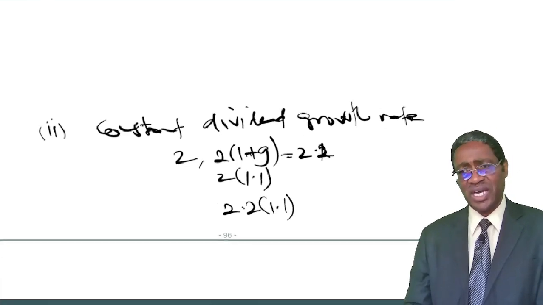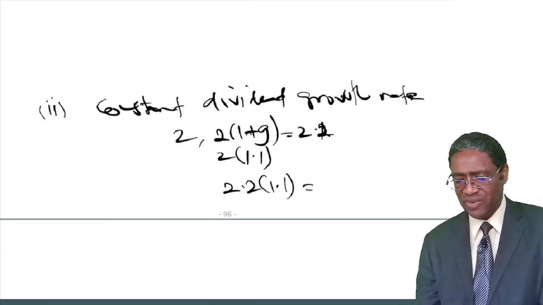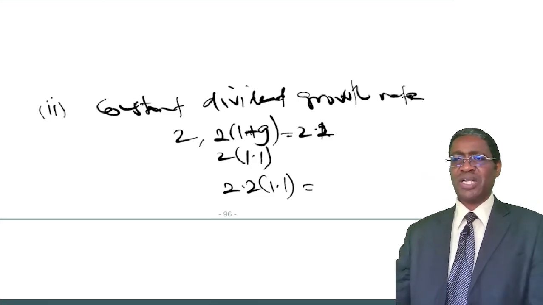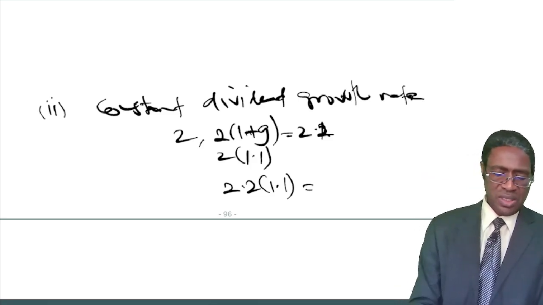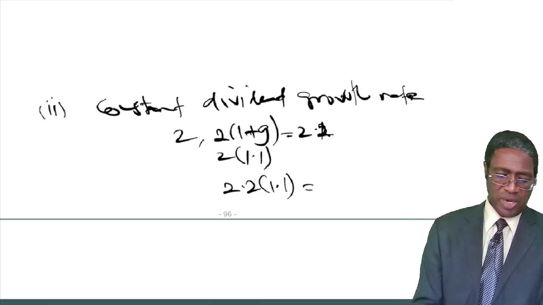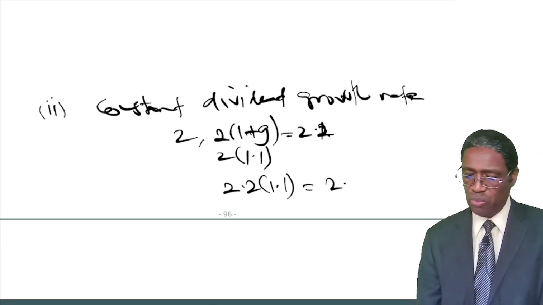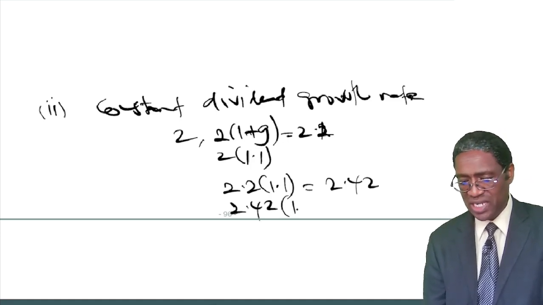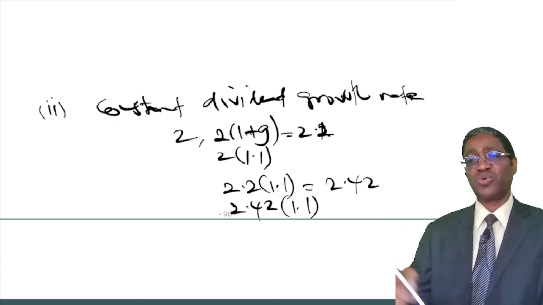Then in the other year again, 2.2 will grow by another 10%. Let me calculate it: 2.2 multiplied by 1.1 is about 2.42. Then that 2.42 will grow by another 10%, and so on.